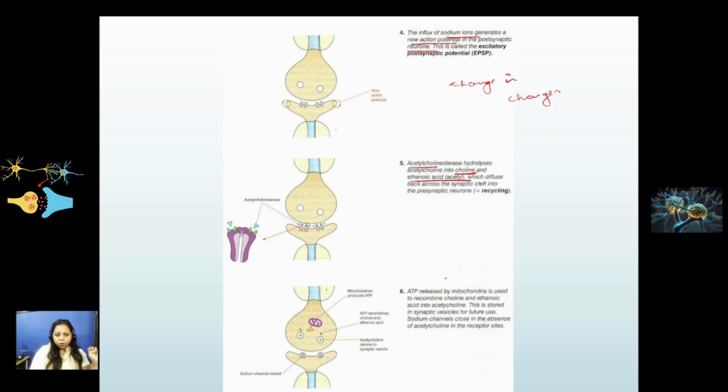Further on, when the hydrolysis takes place, ATP is released by mitochondria, and it combines the choline and the ethanoic acid again into acetylcholine. So this is called recycling. And further on, these sodium channels close when there is no acetylcholine, and the messages are conducted to the next neuron.